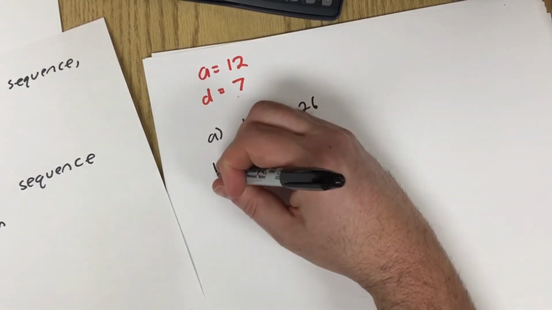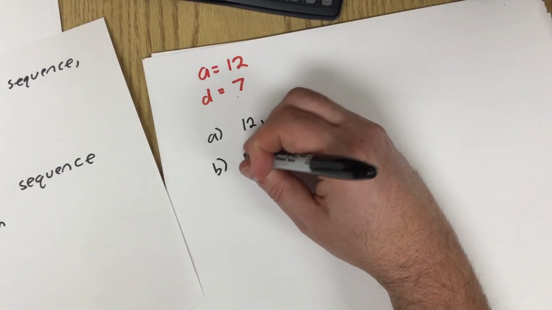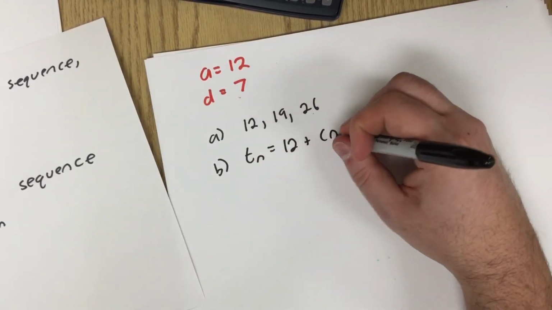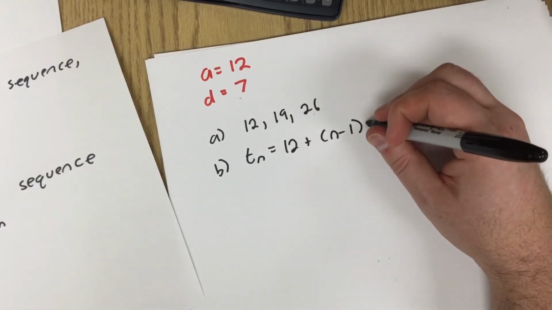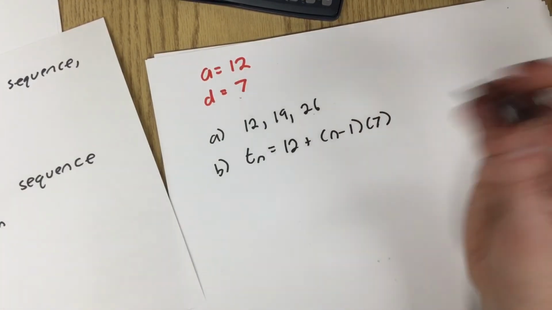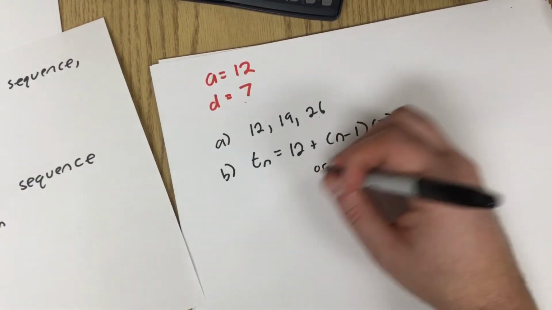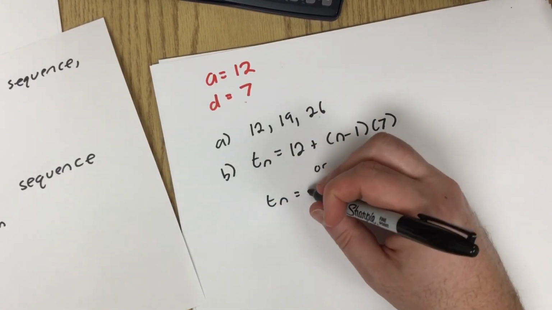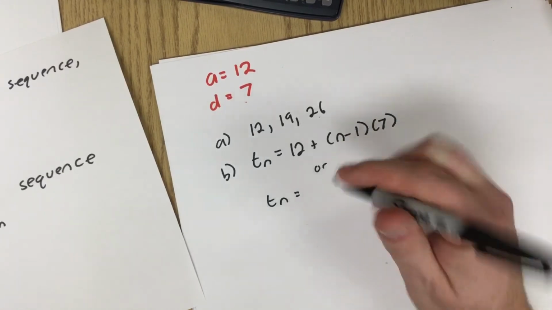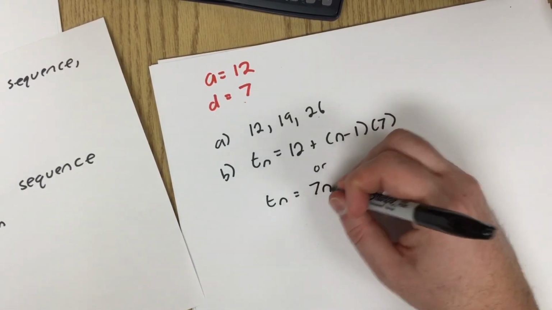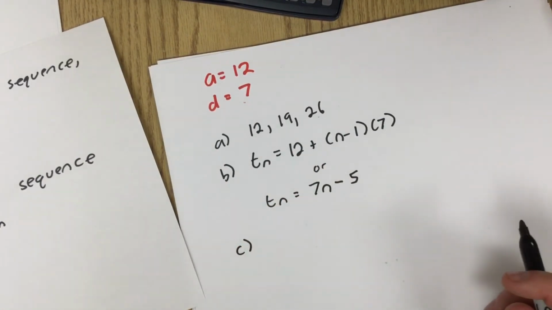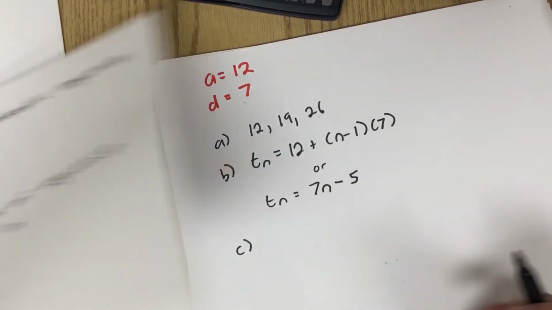B, the formula for Tn is going to be T of n equals A plus n minus 1 times 7. Or, if you wanted to make it pretty, Tn equals 7n plus 5. And then C, it's asking for the 17th term.